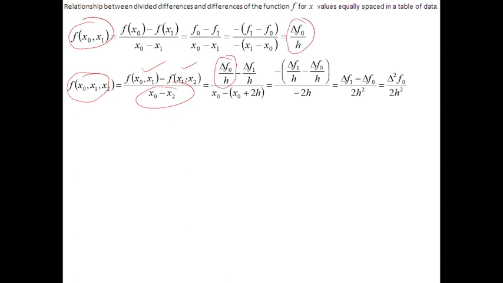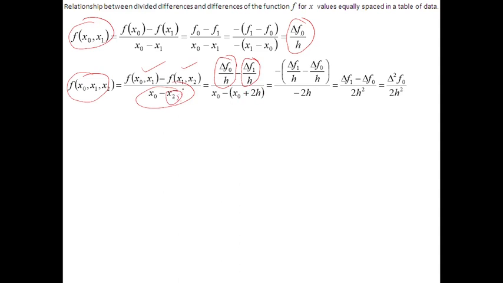For f of x1 x2, let's just replace, since there is a pattern. If this is 0, 1, that is 0. If this is 1, 2, that is 1. So because this is 1, 2, delta f1 over h. Then x0 minus x2. The x2 is x0 plus 2h, right?